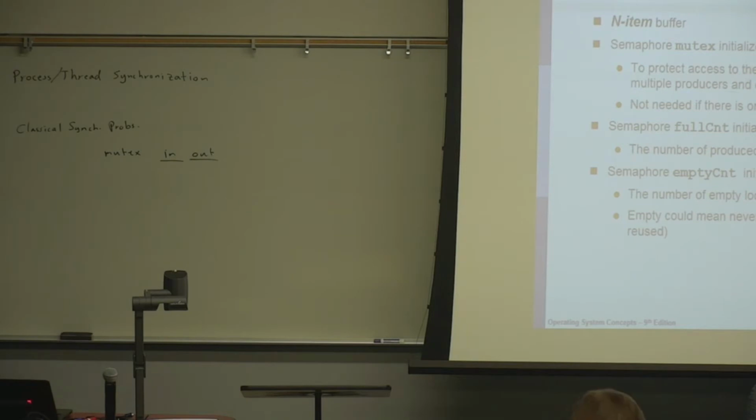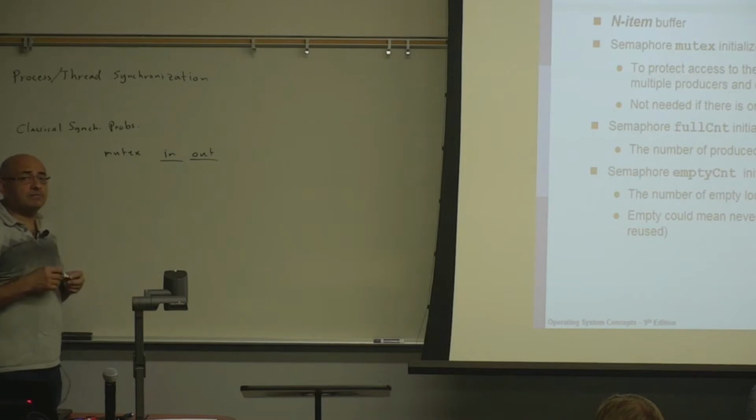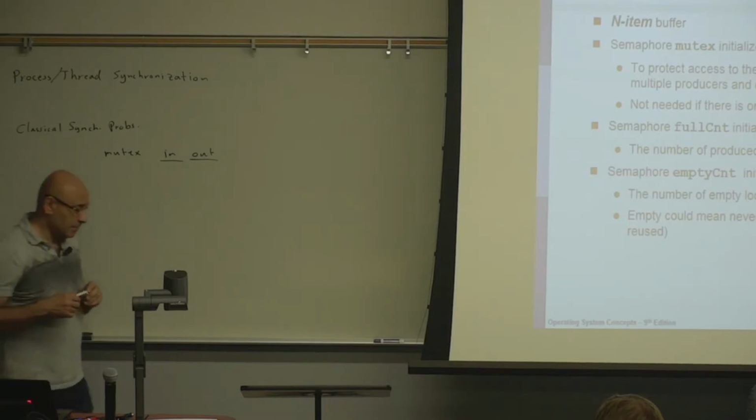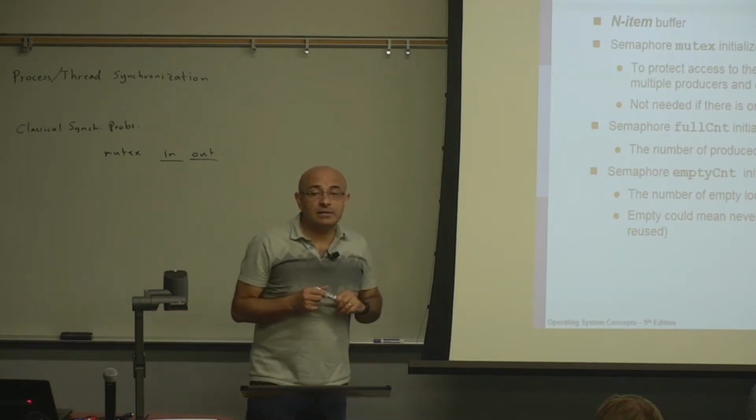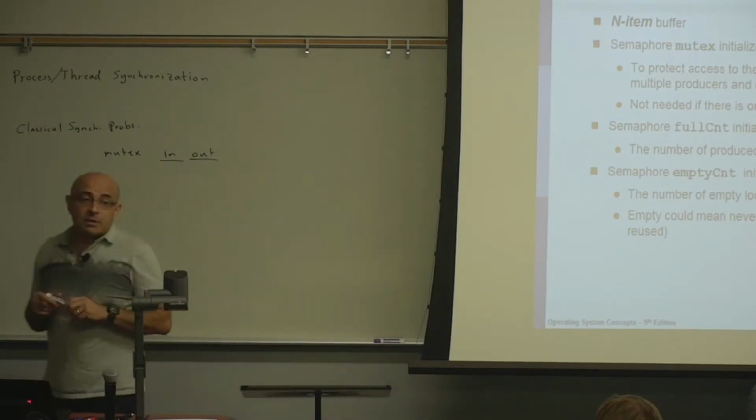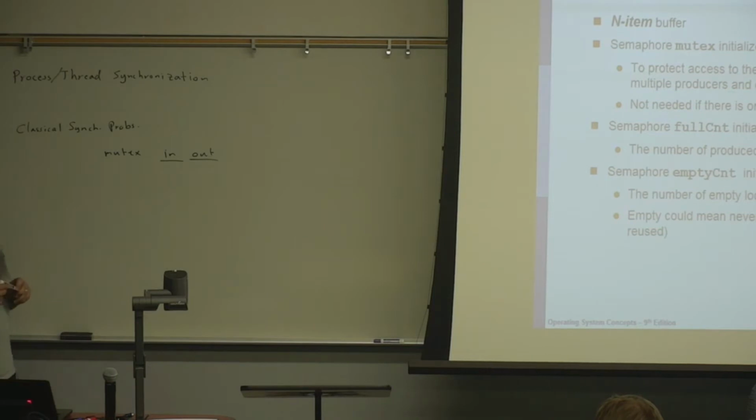So in the producer-consumer problem, when will in and out be shared variables? Or in other words, in assignment number 1, we did not use semaphores to protect in and out, and things worked out fine. Why?